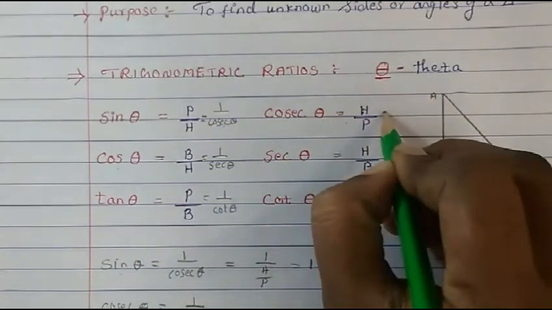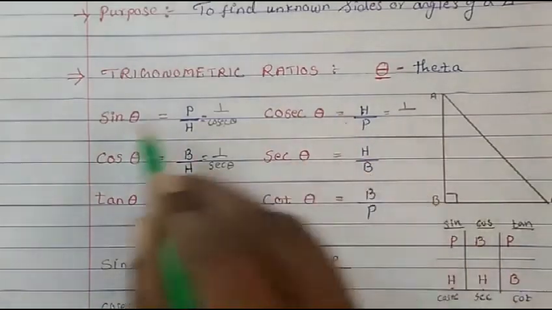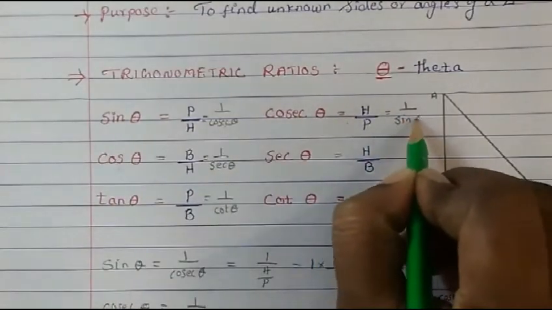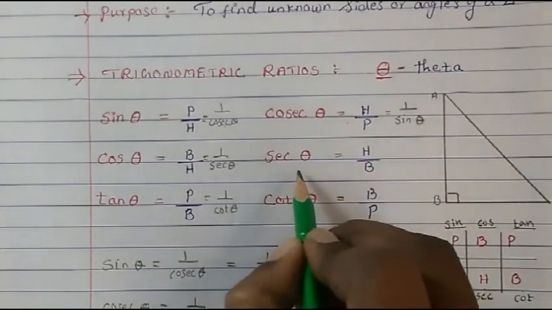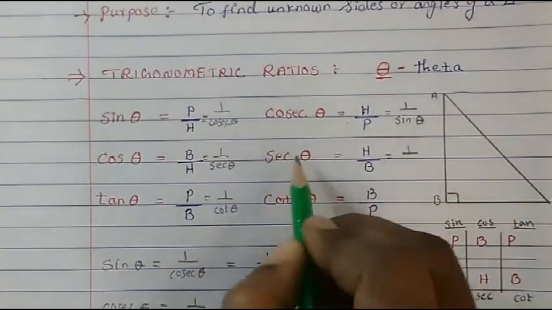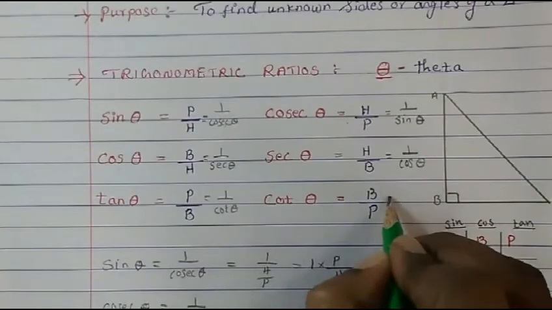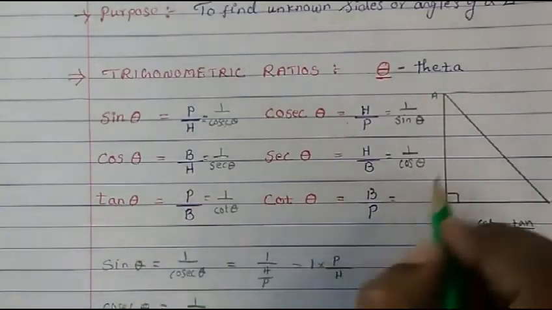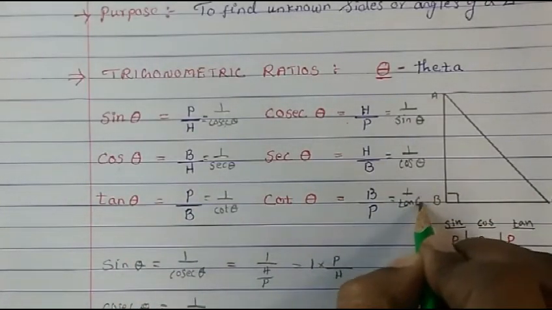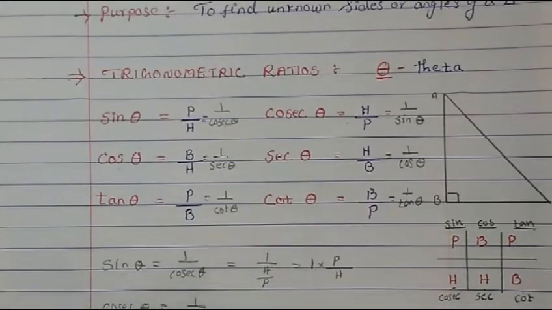Cosec theta can be written as 1 upon sine theta. Tan can be written as 1 upon cot theta. Sec can be written as 1 upon cos theta, and cot theta can be written as 1 upon tan theta. Is it clear to you?